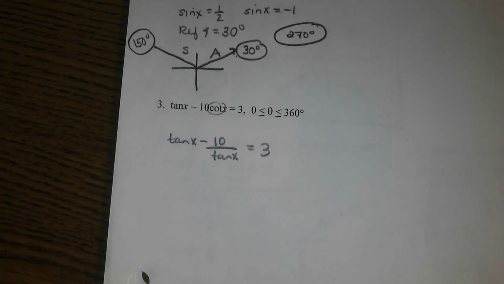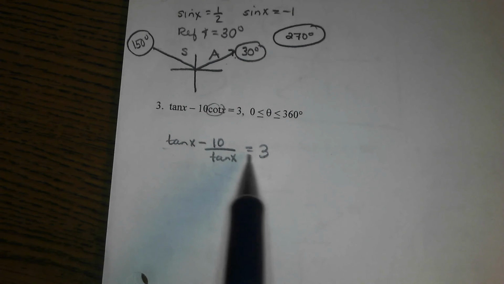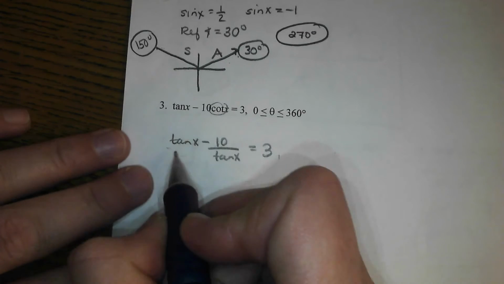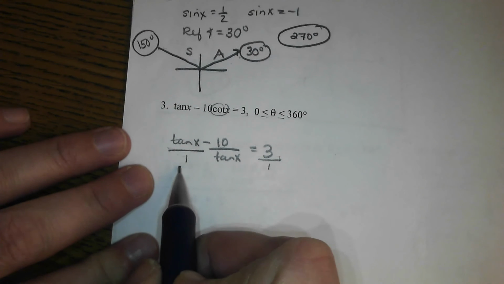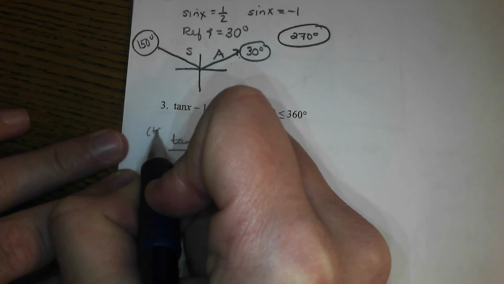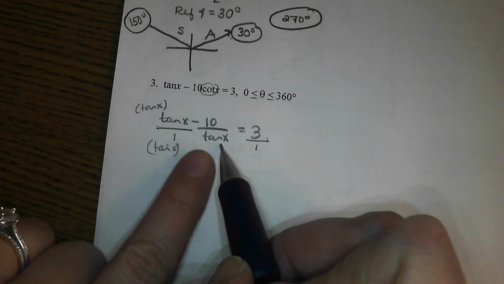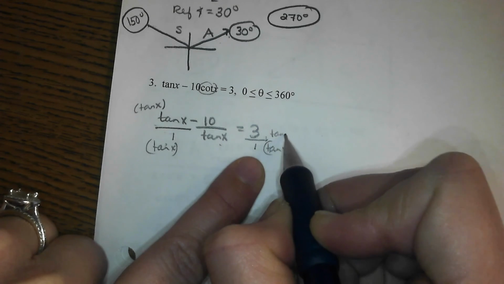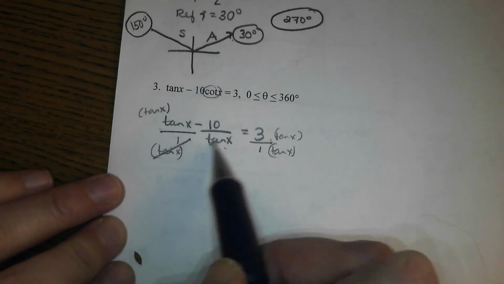But this becomes what type of equation? A fractional one, right? Where sometimes you get a common denominator all the way across. Have you guys done that? And then you drop your denominator, right? So put this over 1, put this over 1. What does this guy need? Tan x. And this one needs a tan x. This doesn't need anything. This needs a tan x and a tan x. And then you can drop your denominator.